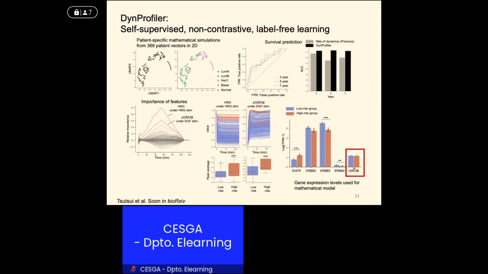But there is no significant difference in transcript level. But through this kind of dynamic simulation, we can see that this can be a potential biomarker to classify TNBC patients. And we also checked the literature, and in fact there are several papers supporting this hypothesis.